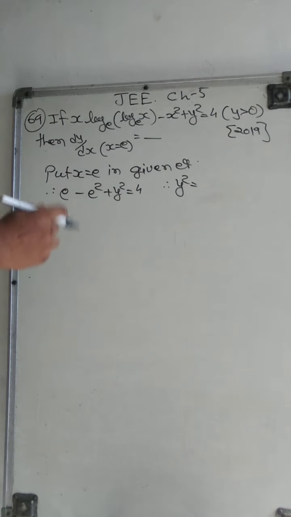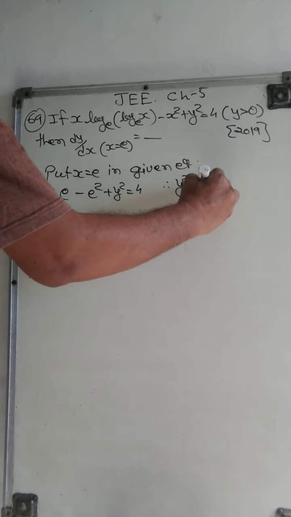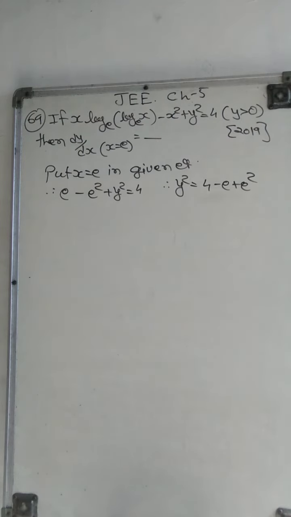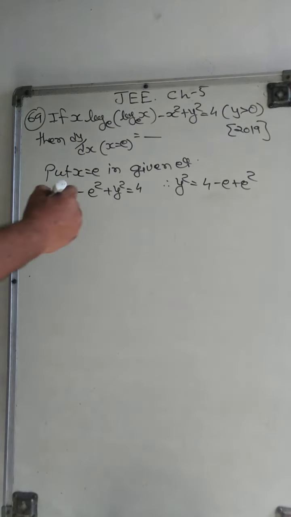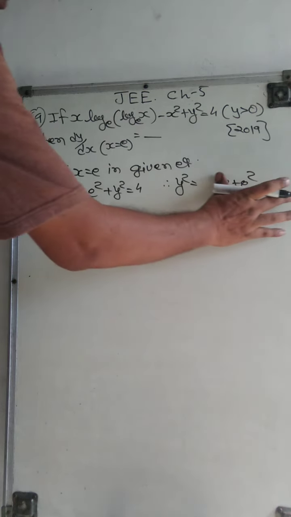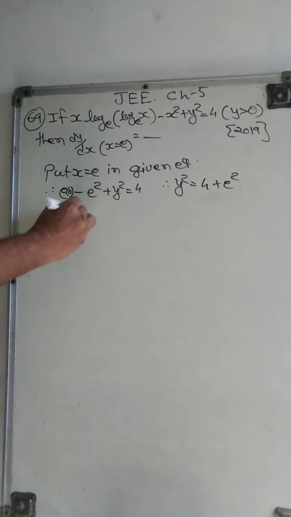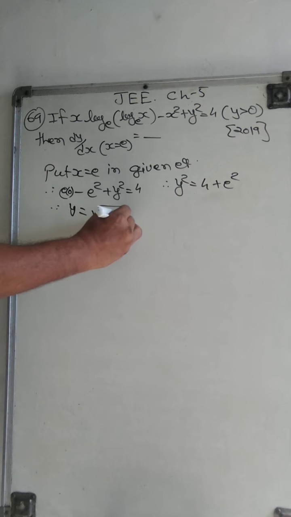Y square equal to 4 minus e plus e square, right? 4, this is e, okay. So this is e and e minus e square. Okay, there is some mistake here. Here this is 0. So only y square equal to 4 plus e square and y equal to root 4 plus e square.